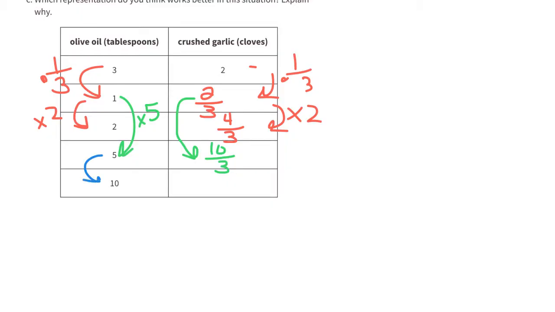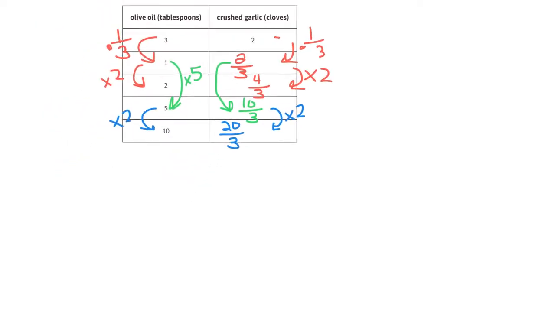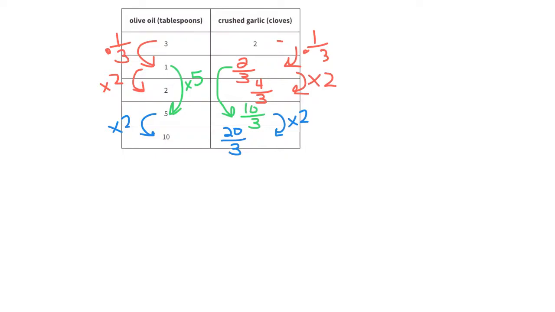To go from 5 to 10, we double. Which means to go from 10/3 to the next answer, we double it. And we get 20/3. Now, parents and teachers, in each of these cases, if we want to simplify these fractions, we can, but we don't have to.